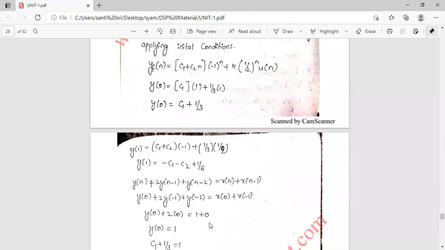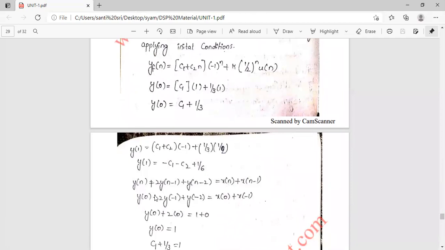Similarly, if you put n equal to 1, then C1 plus C2 into, so by substituting these values, you will get y of 1 value is minus C1 minus C2 plus 1 by 6. So finally, y of n plus 2 into y of n minus 1 plus y of n minus 2 equal to x of n plus x of n minus 1.